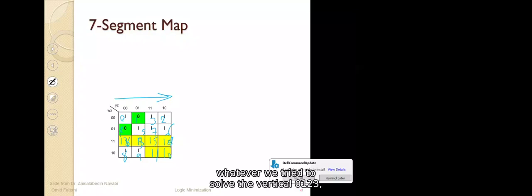Usually up to now, whatever we tried to solve, we were vertical, 0, 1, 2, 3. Now it is horizontal. It doesn't matter. It's another notation. We just put WX at this side, YZ at the horizontal side. Your book is doing this notation. So if you read the book, you see this notation.